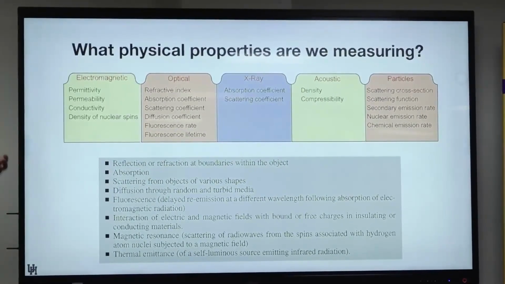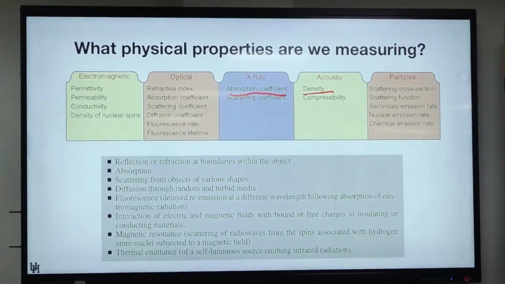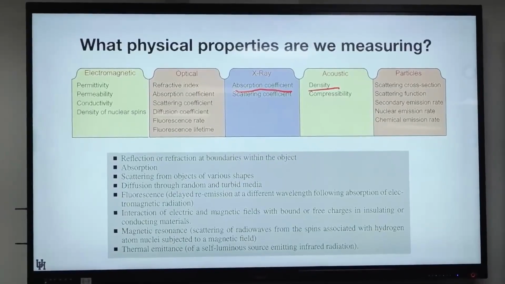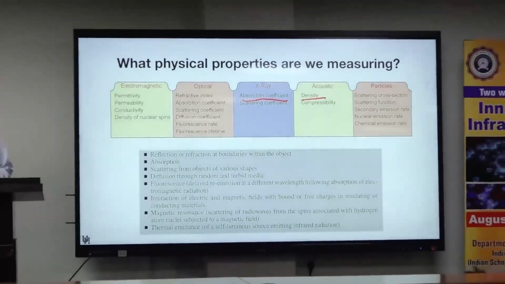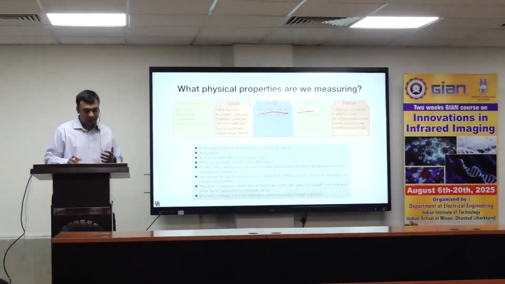In the case of X-rays, it could be the absorption coefficient. In the case of ultrasound, it could be density, hard or soft parts of the tissue, and so on and so forth. So we need to know what we are trying to do first before we even start, and once we understand that, we will build a system.